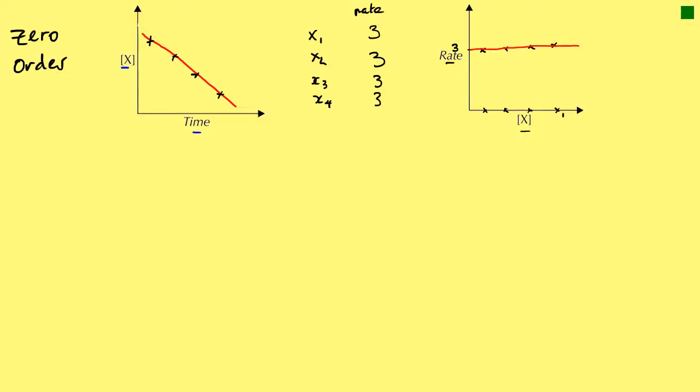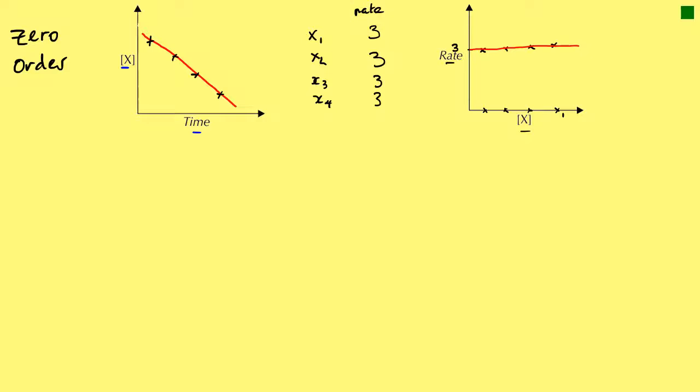So for zero order reactions, they are the graphs that we get, whether they be concentration time graphs on the left or rate concentration graphs on the right. If they are shaped like this, then we call them zero order with respect to X, the reactant X. And intuitively, what you can see is that as you change the concentration of X, the rate stays the same.